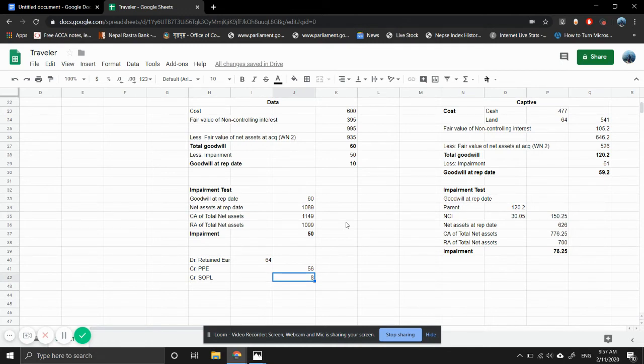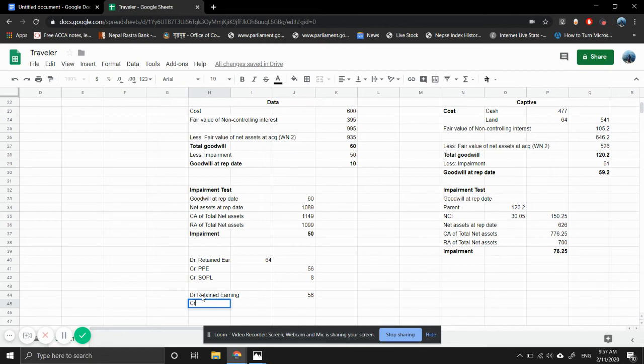So 8. The net effect on retained earnings is that this 8 will eventually increase the retained earnings, since we had only debited it by 64. Otherwise, in another entry you could debit retained earnings 56 and credit PPE 56.